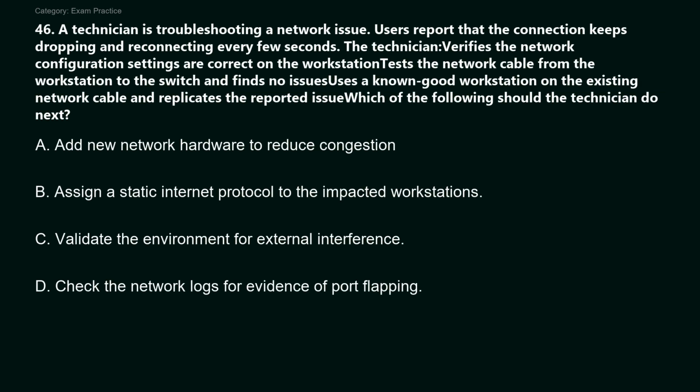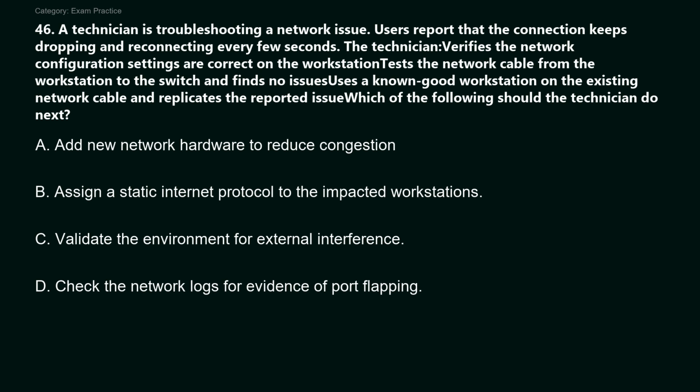Question 46. A technician is troubleshooting a network issue. Users report that the connection keeps dropping and reconnecting every few seconds. The technician verifies the network configuration settings are correct on the workstation, tests the network cable from the workstation to the switch and finds no issues, uses a known good workstation on the existing network cable and replicates the reported issue. Which of the following should the technician do next?